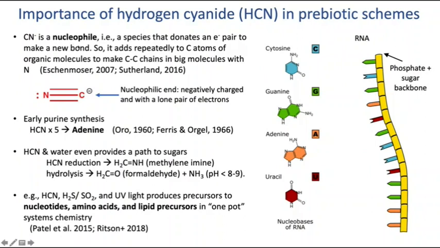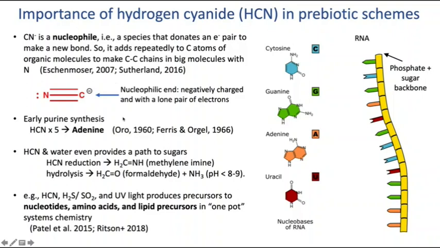Okay, what does that mean? It means a species that donates an electron pair to form a bond. This carbon-carbon bond-forming capability is considered to be a fundamental result of prebiotic chemistry research by many organic chemists and has received substantial support from experiments.